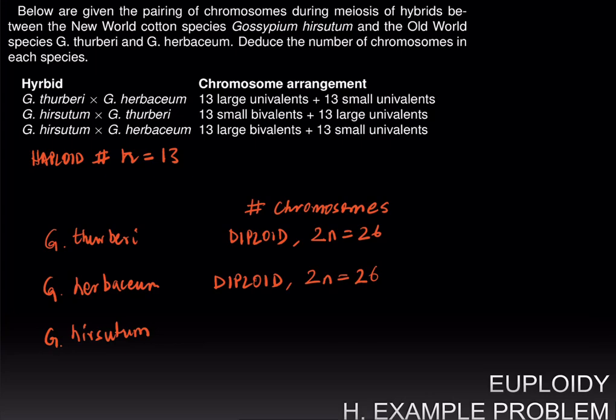And either Thurberry has large chromosomes and Herbaceum has small chromosomes, or Thurberry has small chromosomes and Herbaceum has large chromosomes.